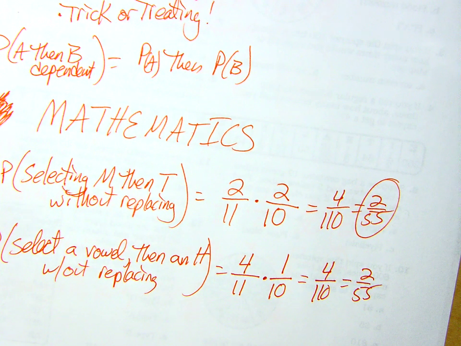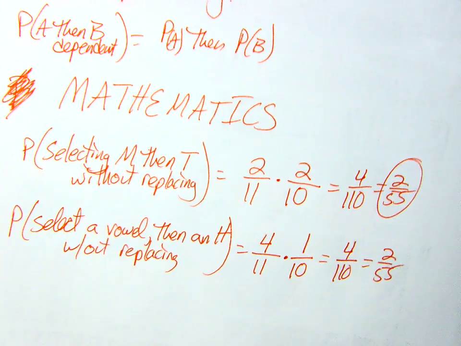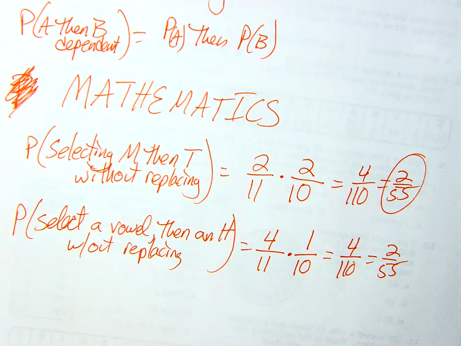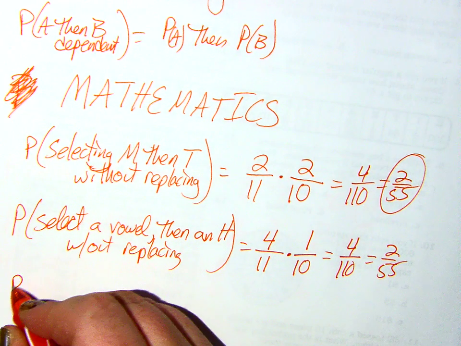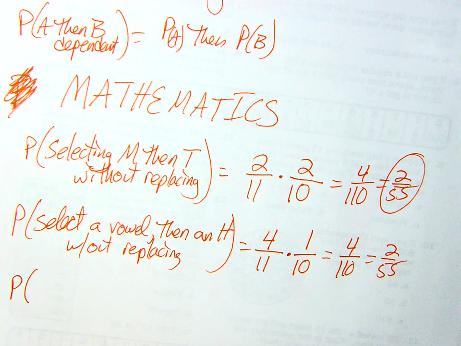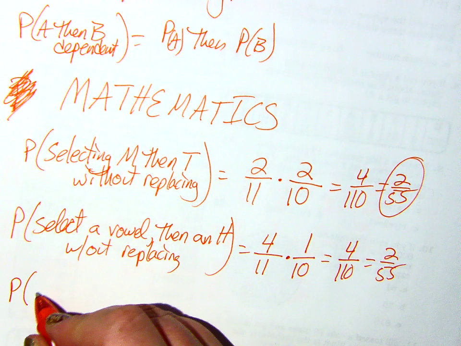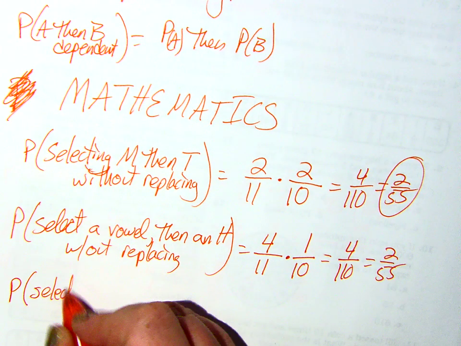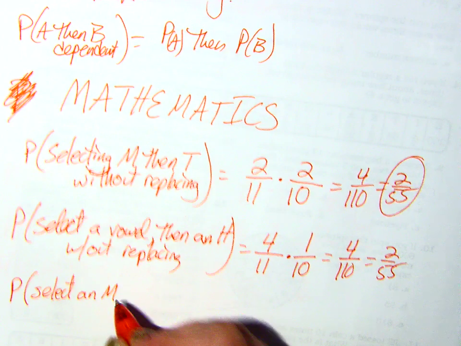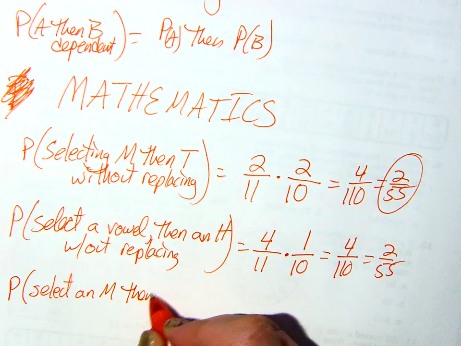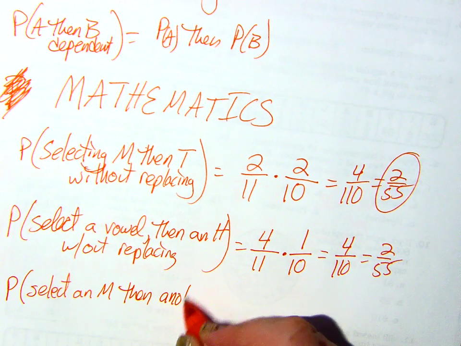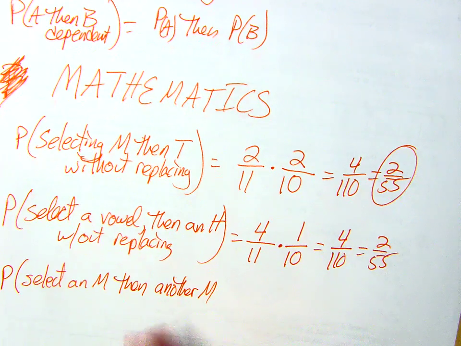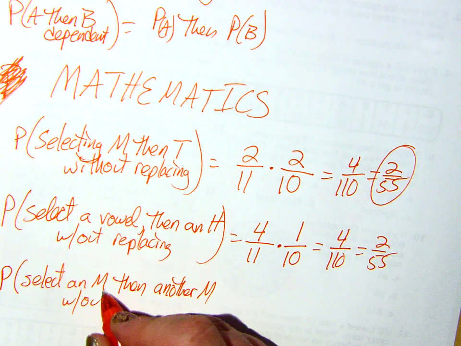Oh, weird. That will not always be the case. Let's change it up. Okay, you ready for this one? I'm going to try and stump you. What'd you say? There's no way? I want you to select an M, then another M without replacing.